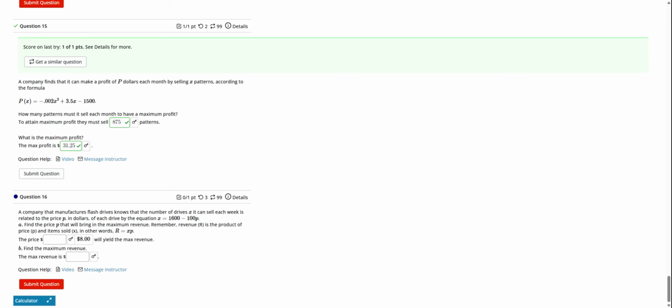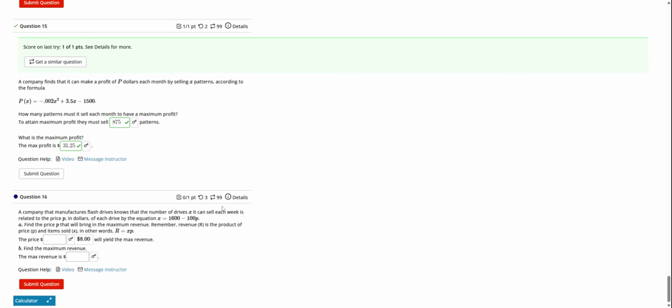Now, remember, Desmos hates any letter but X. So in other words, this is supposed to be 1600p minus 100p squared.